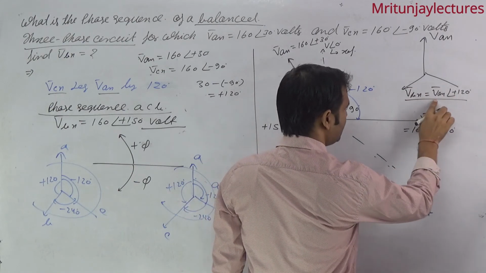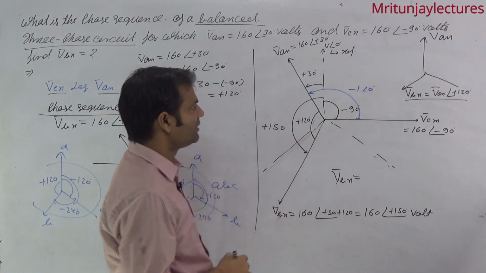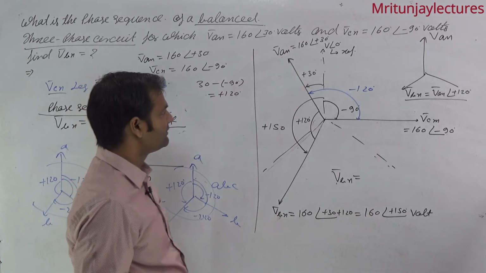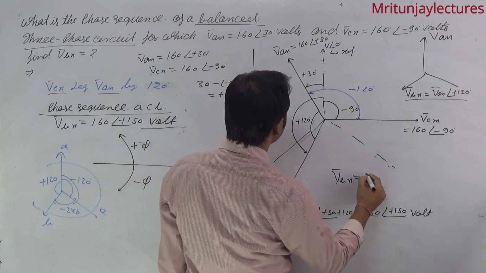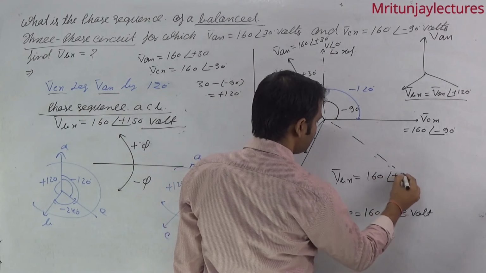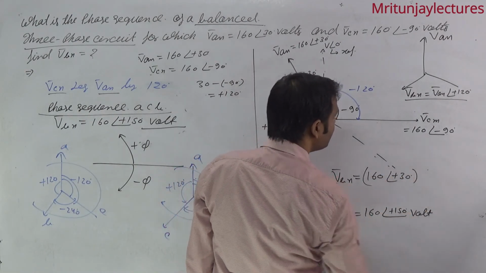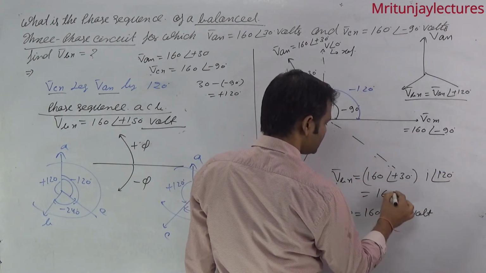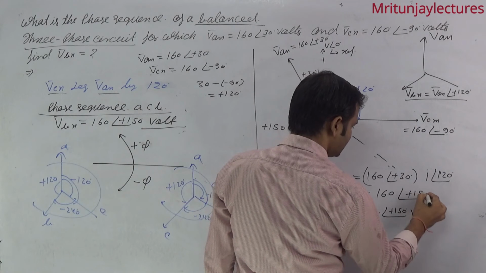VBN is equal to VAN at the angle plus 120. Now, what about VAN here? VAN is 160 at the angle plus 30. So adding 120, it is written as 160 at the angle 150 degrees. Clear?